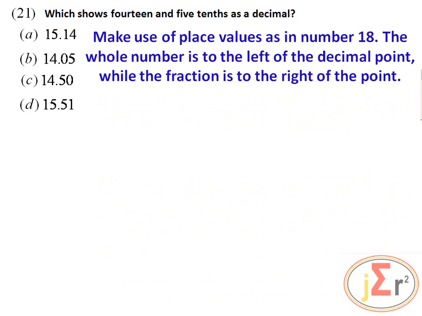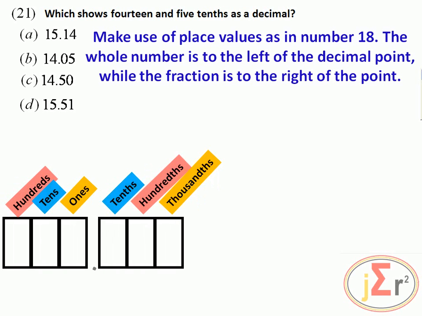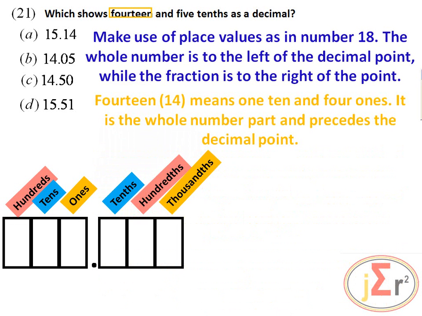Make use of place values as in number 18. The whole number is to the left of the decimal point, while the fraction is to the right of the decimal point. So we have our decimal point right there. To the left we have the whole numbers, and to the right we have the fractional part. 14 means 1 ten and 4 ones.